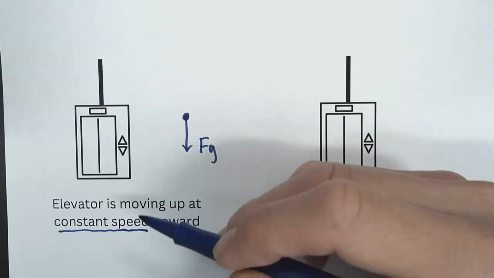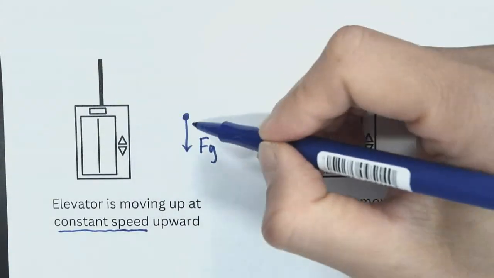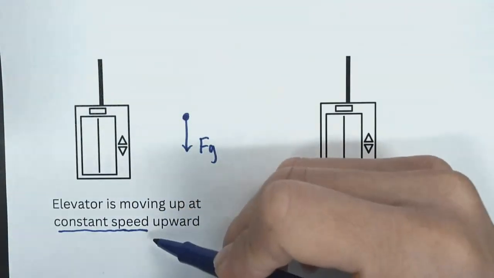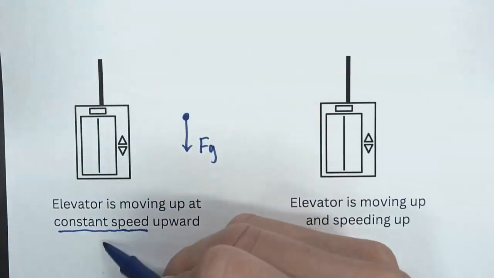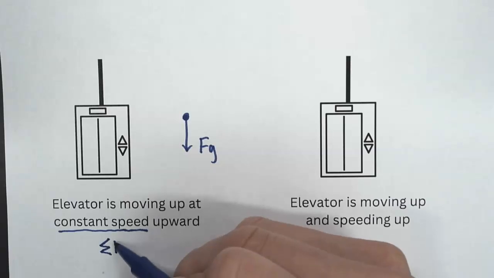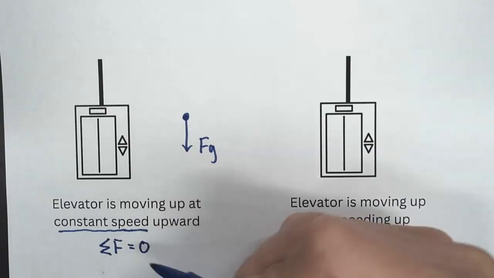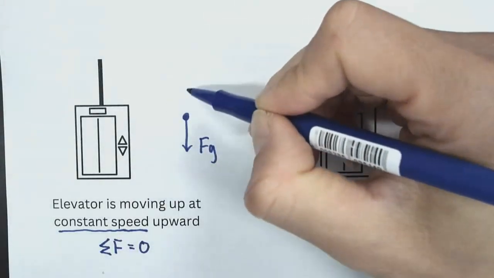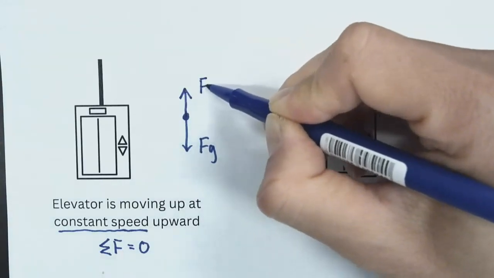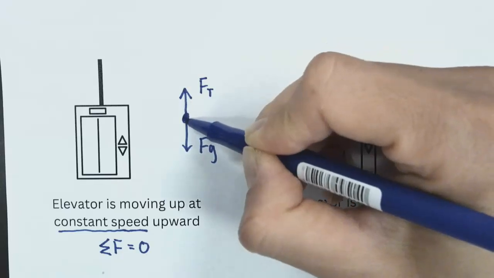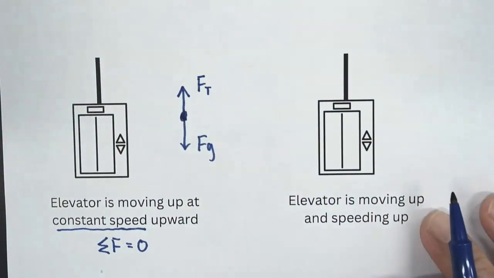So constant speed tells us, we know there's a cable force, but constant speed tells us that this object is once again in equilibrium. When objects are in equilibrium, the net force, here's the symbol for net force, is equal to 0. Right? So that means forces have to be balanced. So I know I'm going to draw the tension force here to be the same length. So these two are going to be the same length, tension force and gravity force.